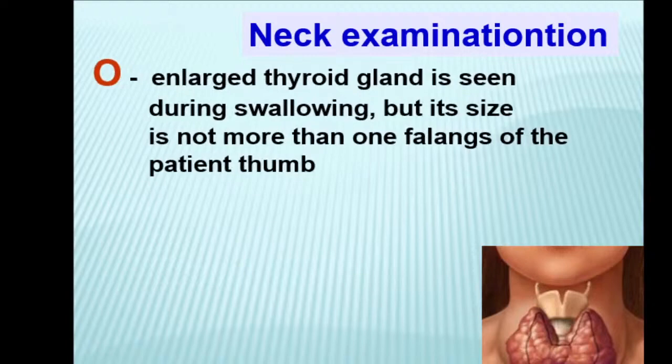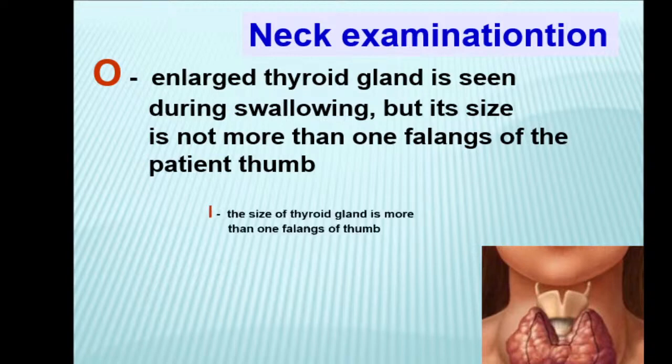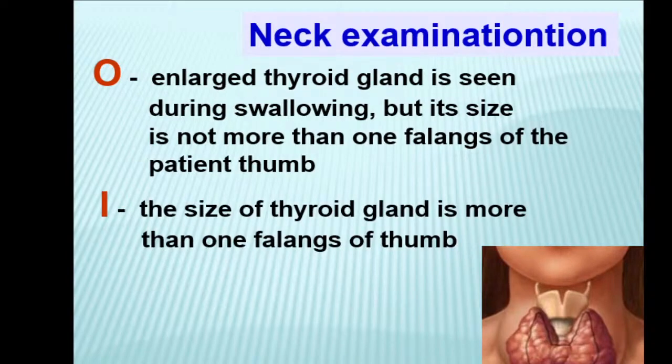If the gland is invisible, we palpate its lobe, but its size does not exceed one phalanx of the thumb of the patient, not the doctor. We palpate the lobe of the thyroid gland and put the finger of the patient to determine its size. We are talking about zero degree enlargement of the thyroid gland.